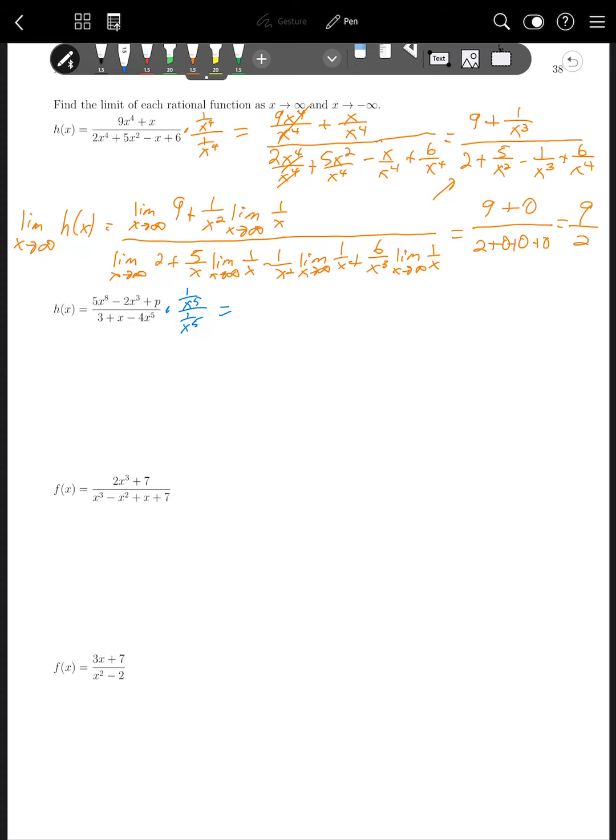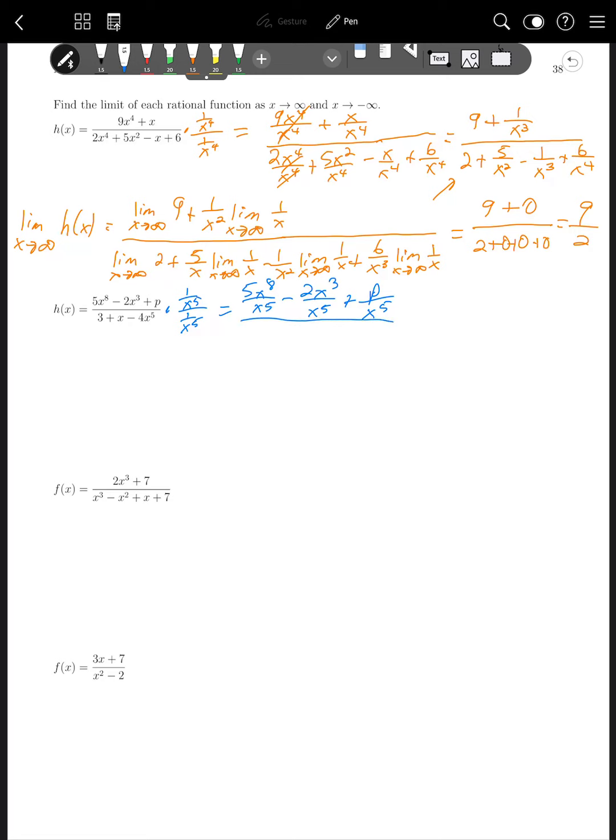So that means we get 5x to the 8th over x to the 5th minus 2x to the 3rd over x to the 5th plus p over x to the 5th. And notice here, I think that p is a typo, but it doesn't really matter as long as it's really just a constant. So plus p over x to the 5th.